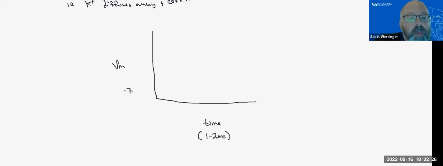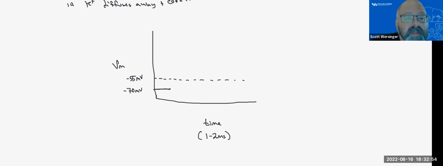All right, so here we are, -70 millivolts is our resting membrane potential. -55 or so is threshold. All right, so here we are hanging out. Everything's cool. Suddenly some neurotransmitter is released, and I get an EPSP.